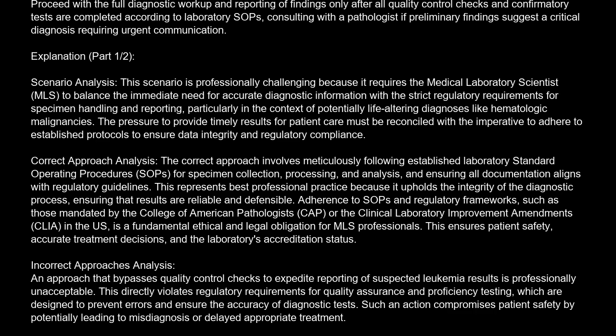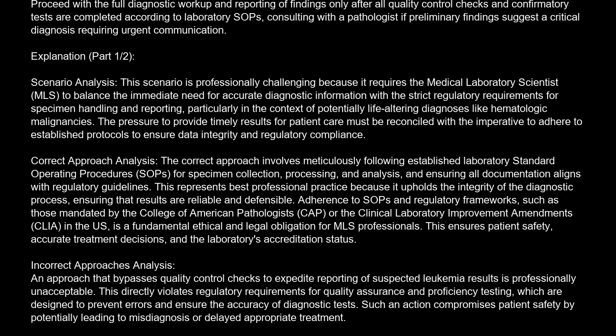Adherence to SOPs and regulatory frameworks, such as those mandated by the College of American Pathologists, CAP, or the Clinical Laboratory Improvement Amendments, CLIA, in the U.S., is a fundamental ethical and legal obligation for MLS professionals. This ensures patient safety, accurate treatment decisions, and the laboratory's accreditation status.